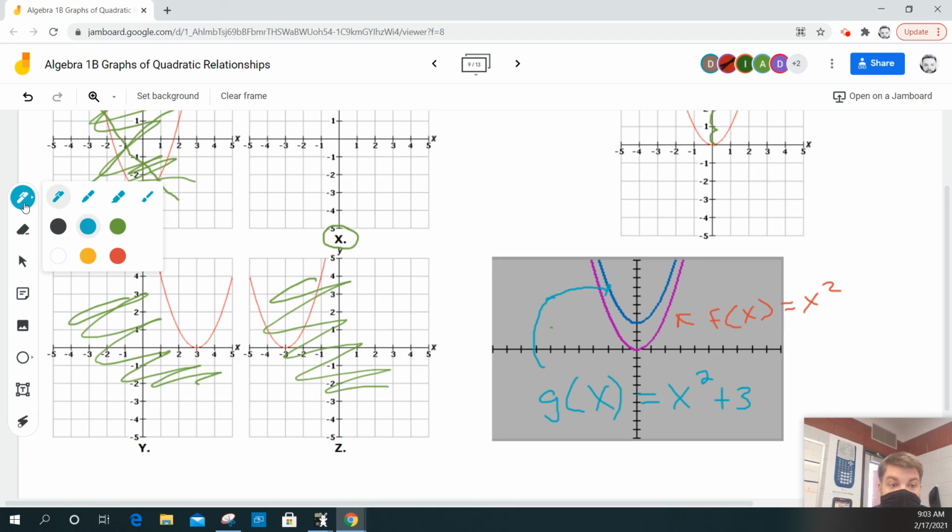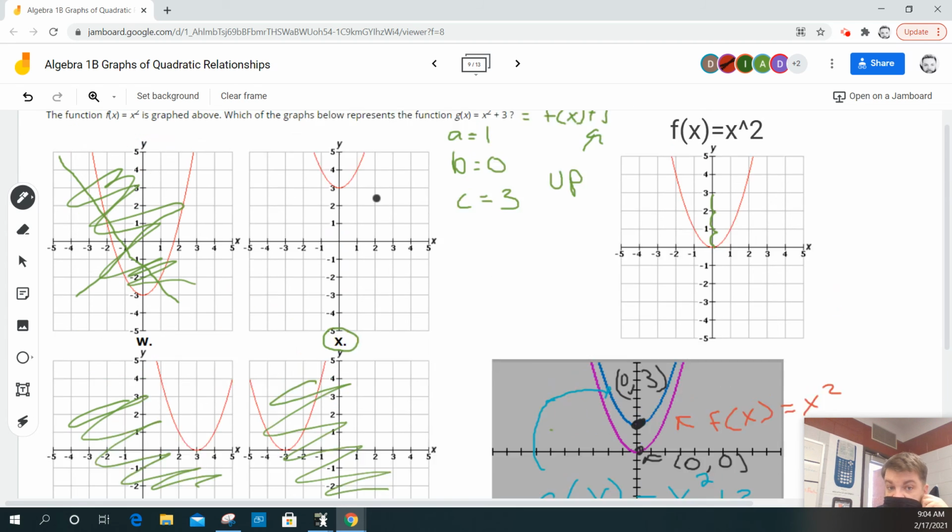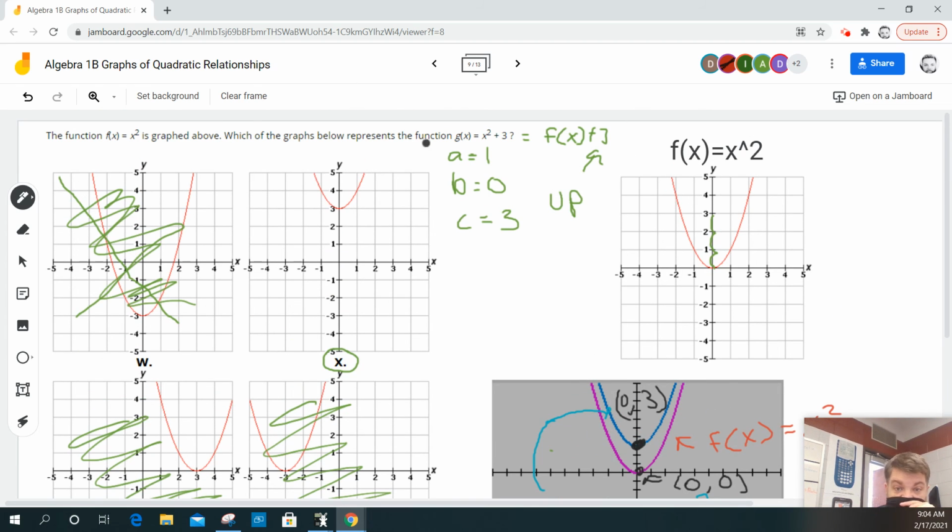And then I'm going to label the vertices. This is 0, 3. And this right here is 0, 0. And that's it. That's all you got to do. And then label, of course, what the functions are.